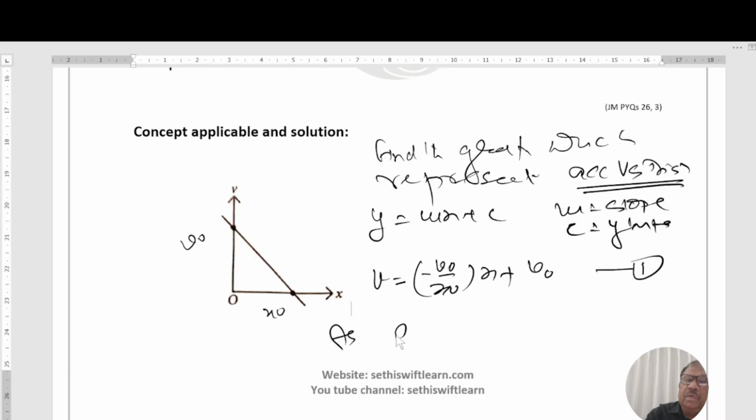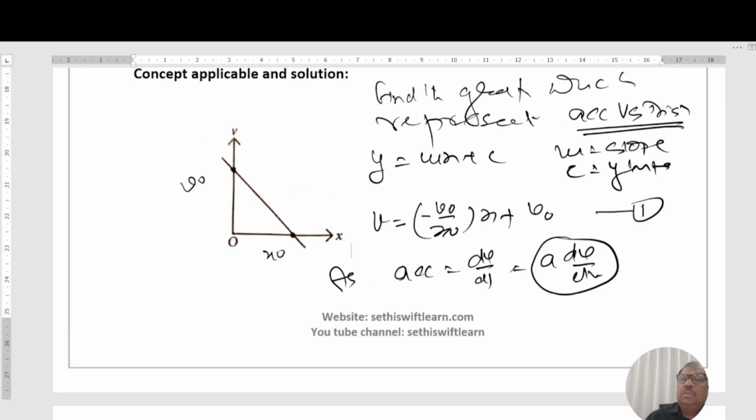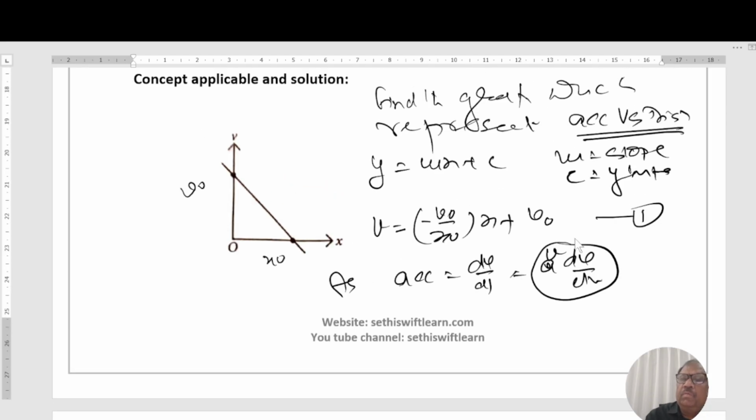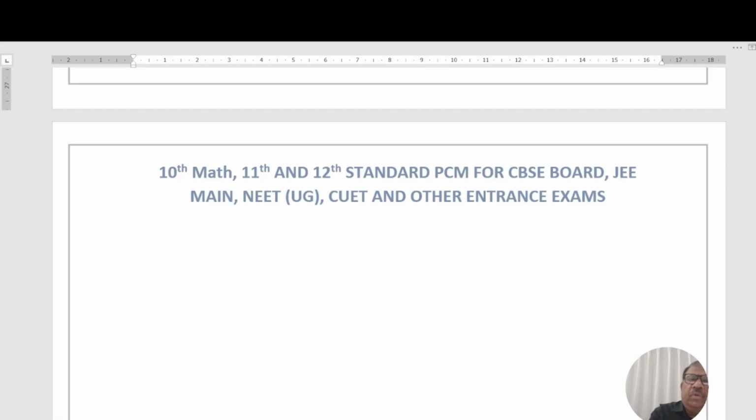Now, as acceleration equal to dv by dt, or a equal to v dv by dx, in this case we will apply this one. Therefore, acceleration will be equal to v dv by dx.